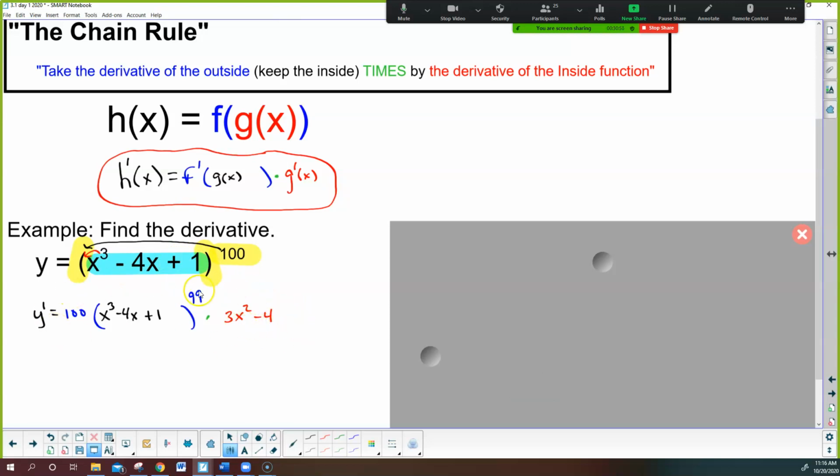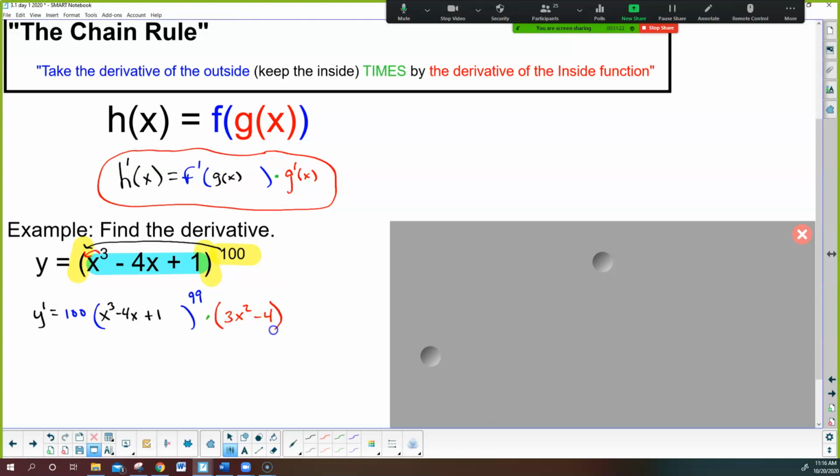So let's look at this. If this was a test, you have the answer right, but you wouldn't get 100%. Okay? Think about notation. Why would I not get 100% on this? I'm multiplying by the entire derivative of the inside. This isn't multiplying by the entire derivative. It looks like I'm multiplying by 3x squared and then subtracting 4.